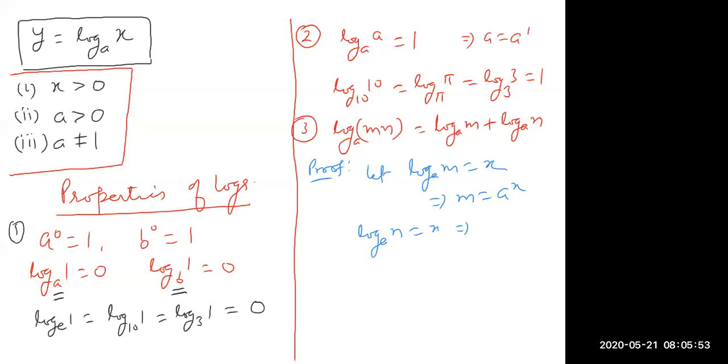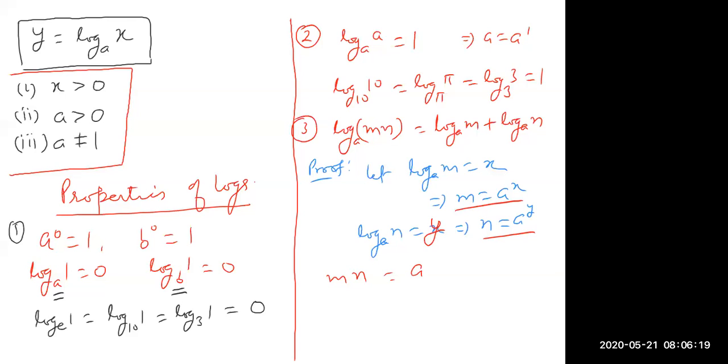So this gives n is equal to a raised to power y, base will remain base. So if I ask what is mn, multiply these two, m into n, a raised to power x into a raised to power y, so this will be a raised to power x plus y.